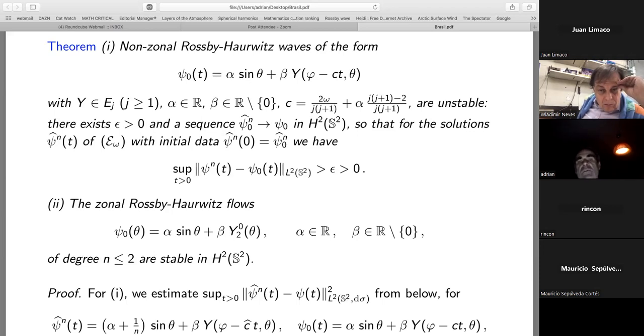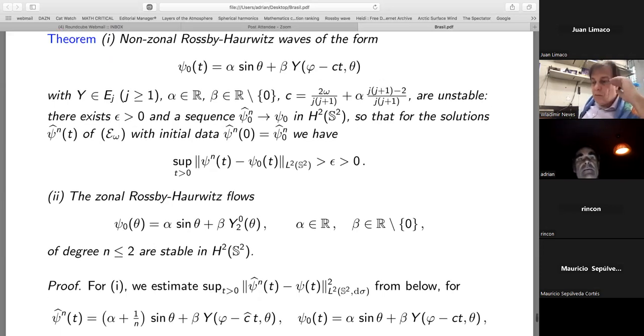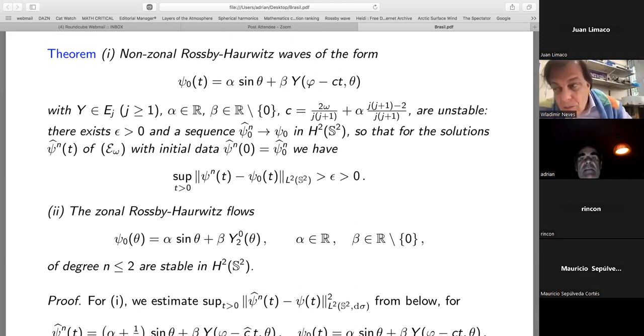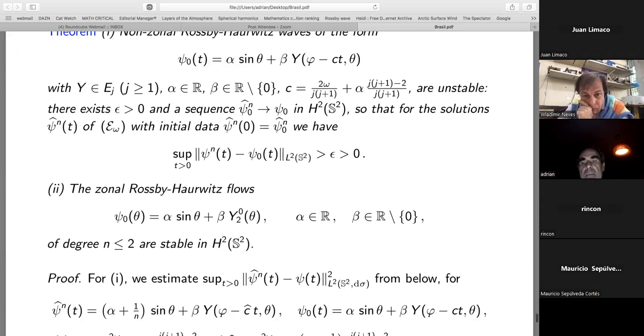So there is an explicit formula for it. This is a Rossby-Hurwitz wave, and first, the instability. What's the difference? If they have too many oscillations, they are unstable, and if they are zonal, the one with 0 on top, that one will be stable.